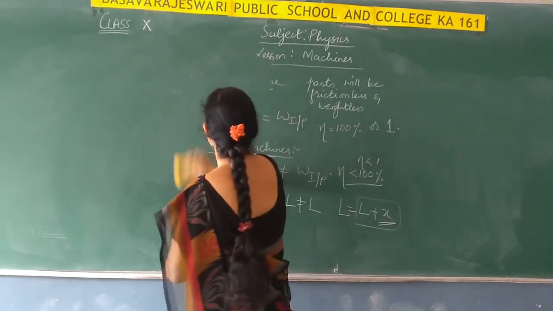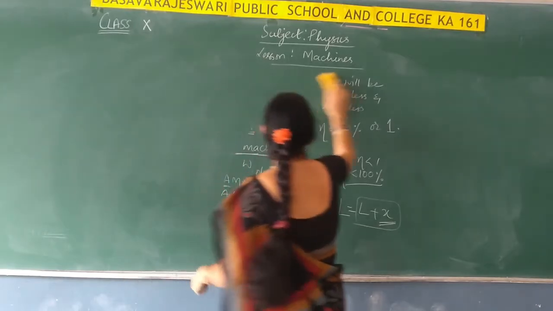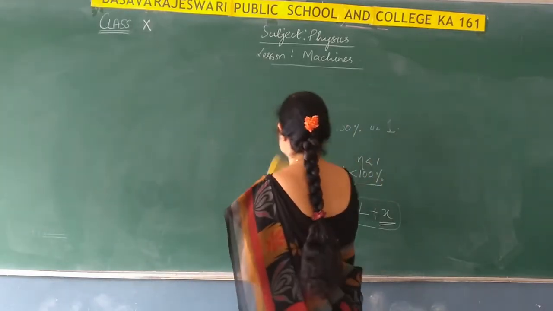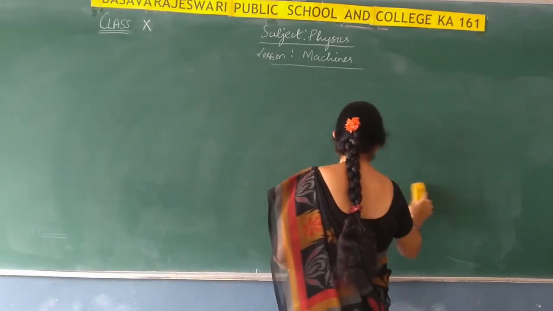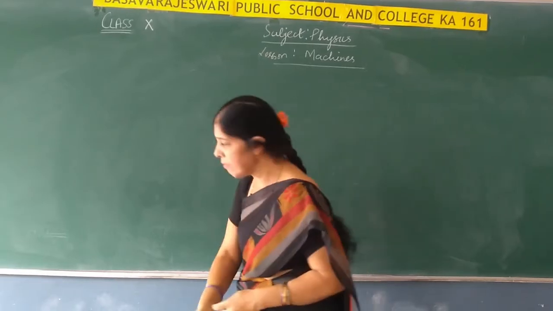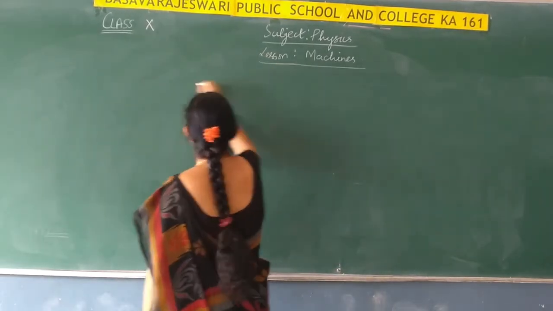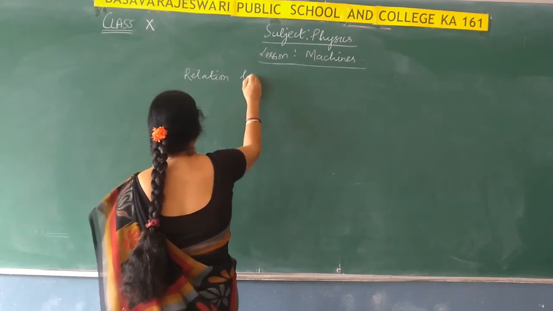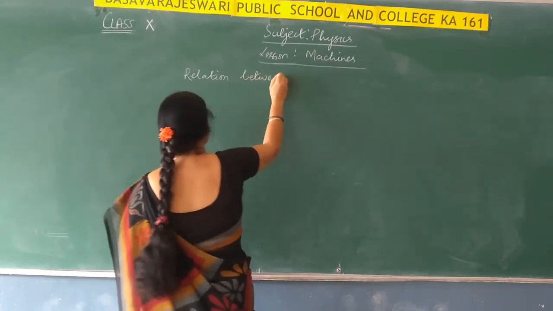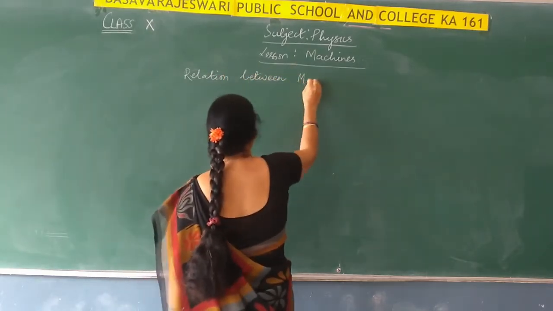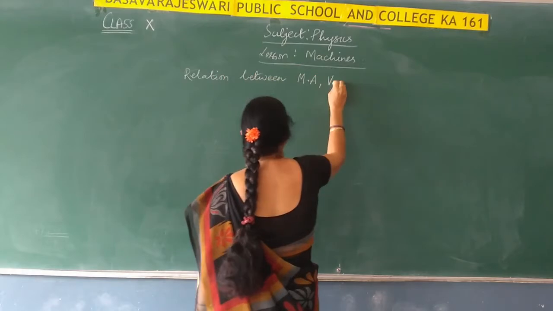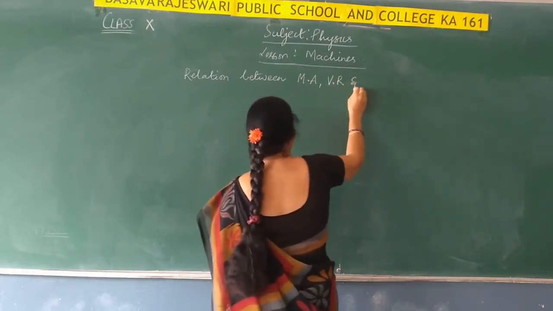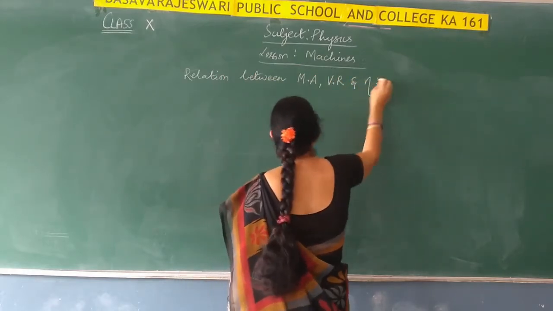Okay. Next, there is a very important derivation which you have to learn in this chapter. That is the relationship between mechanical advantage, velocity ratio and efficiency. Relation between mechanical advantage, velocity ratio and efficiency of a machine.